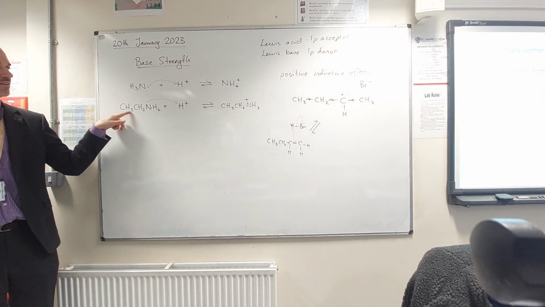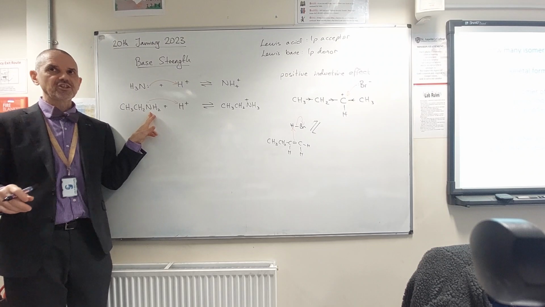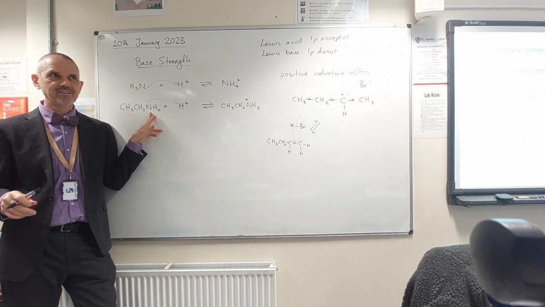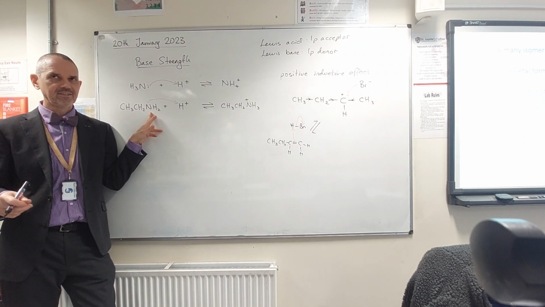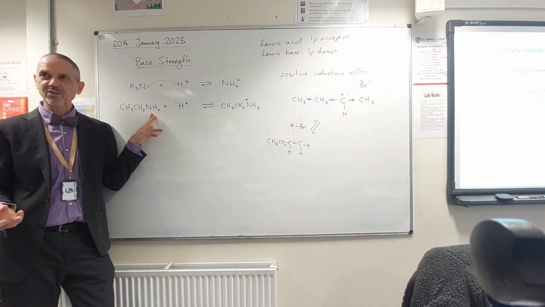We've got our ethyl group shunting electrons down to the nitrogen. Okay, so what? How does that affect nitrogen's ability to donate a lone pair?